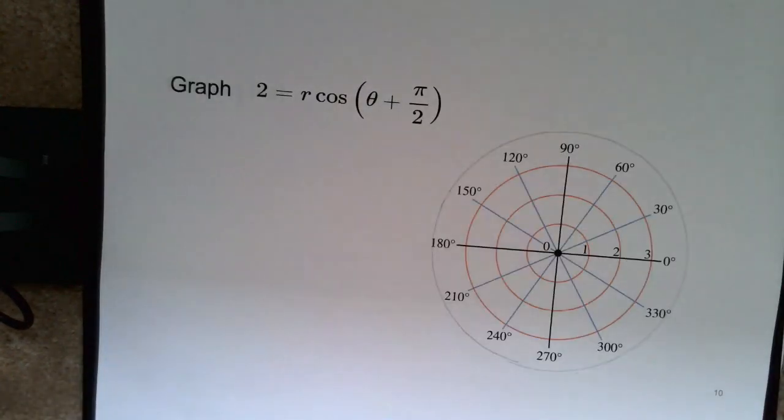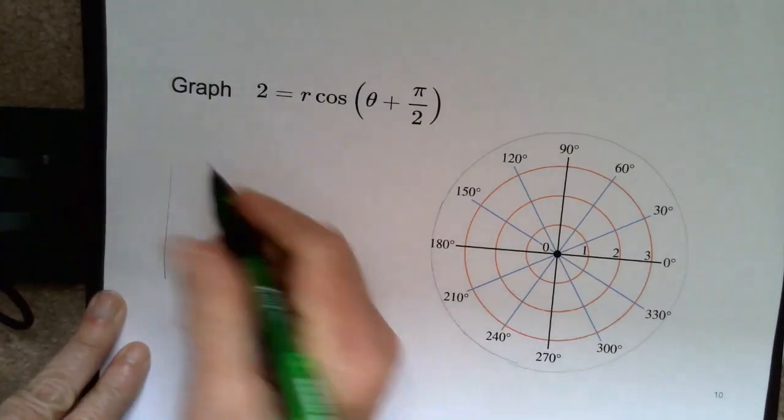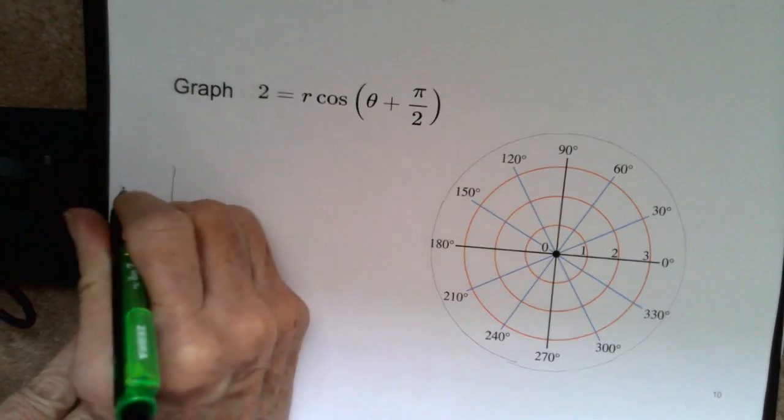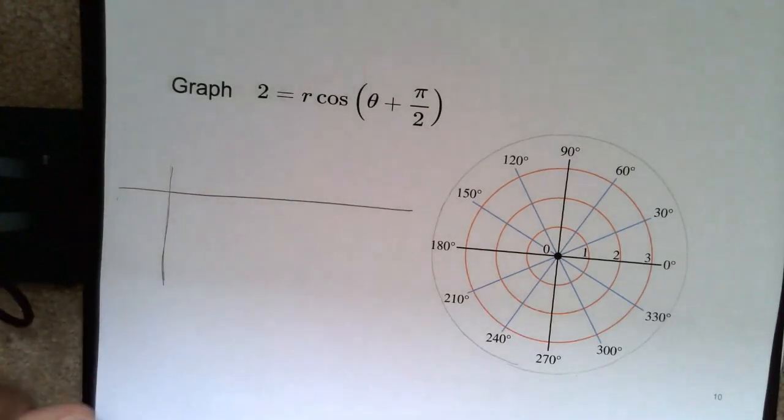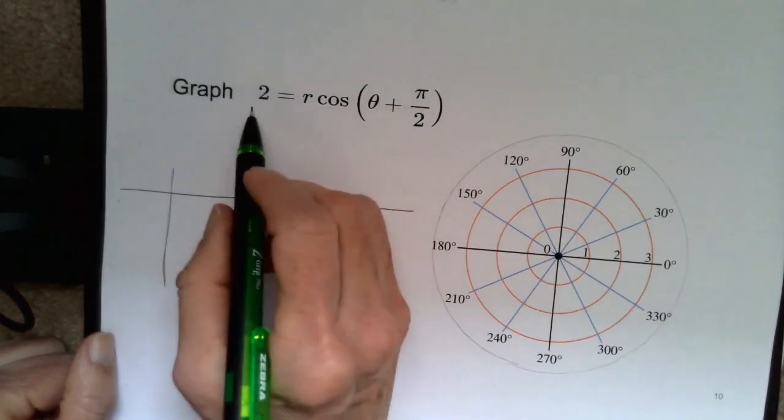All right, let's do another one. Okay, so we're going to graph it. First, we're going to graph it without converting it. So we're going to make a table. Okay, and let's do just a few values. Now notice that I'm going to have to rearrange this one a little bit. Let's go ahead.